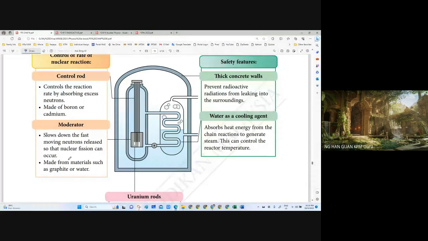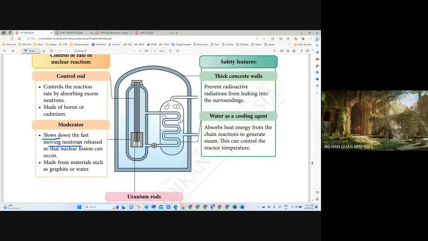We have the control rod and the moderator. The moderator slows down the fast-moving neutron, as I told you, because we need a slow-moving neutron to bombard our uranium-235 to form the isotope uranium-236.